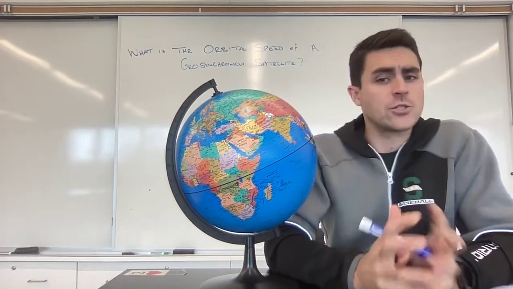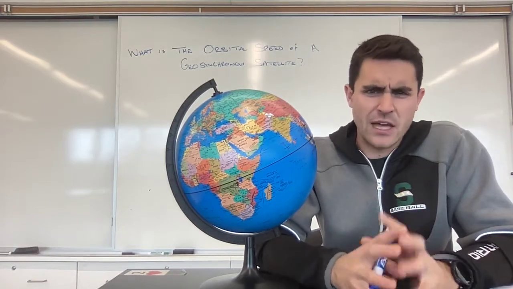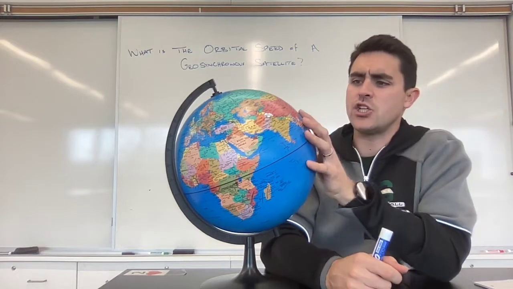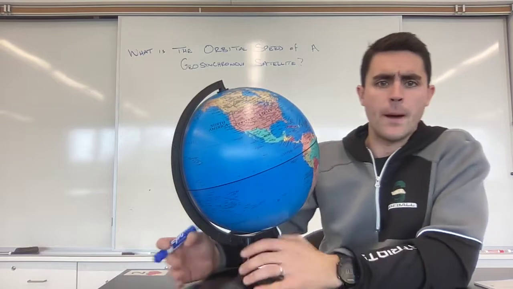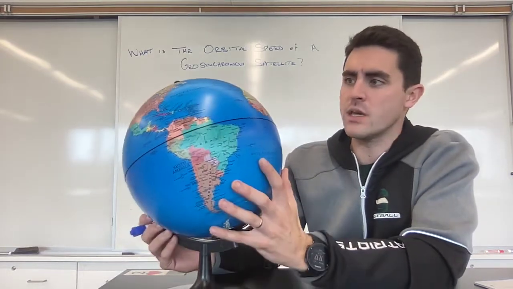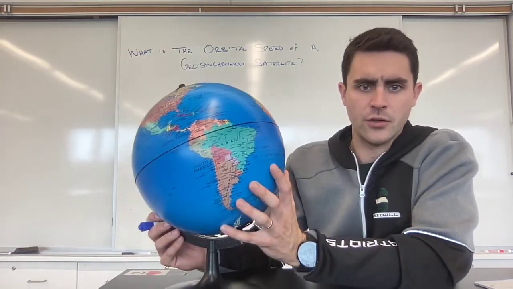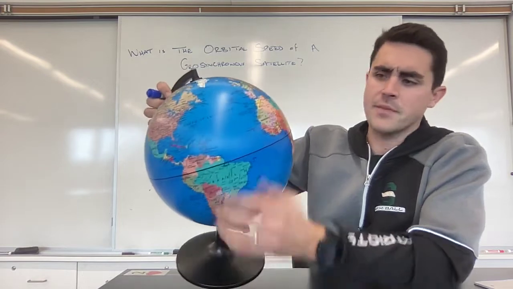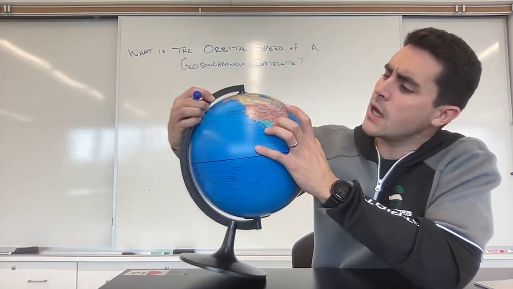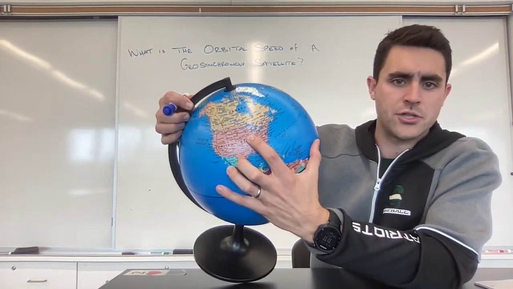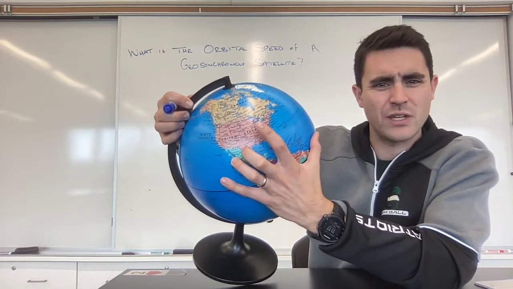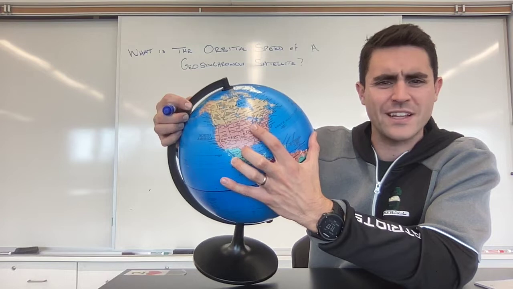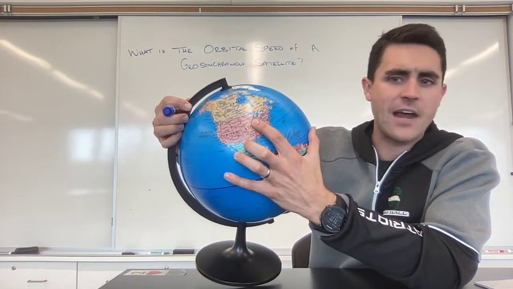That's how it works. So for a geosynchronous satellite, what that means is that it is actually stationed somewhere above our planet. So for example, we live right here in Illinois. It's hard to see where I am, but we live in Illinois, right there, right by Lake Michigan. So a geosynchronous satellite is a satellite that would stay directly above a certain point at all times.